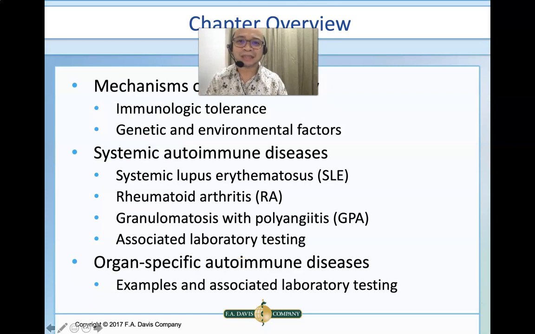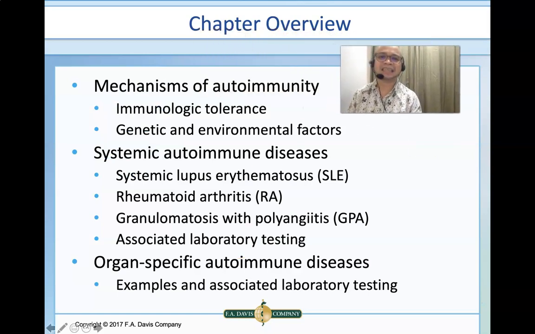For this particular lesson, we shall be discussing the mechanisms of autoimmunity, particularly on the topics of immunologic tolerance and genetic and environmental factors that may be associated to autoimmune diseases. And of course, we will also be discussing some of the most commonly encountered autoimmune diseases by the clinicians.